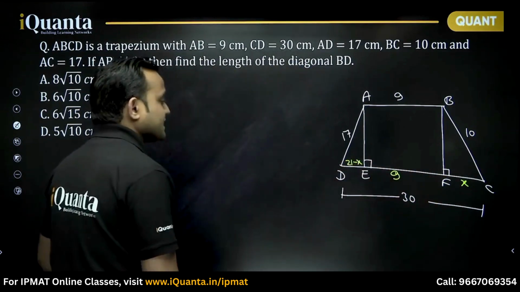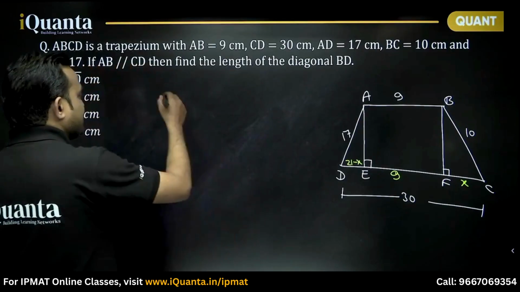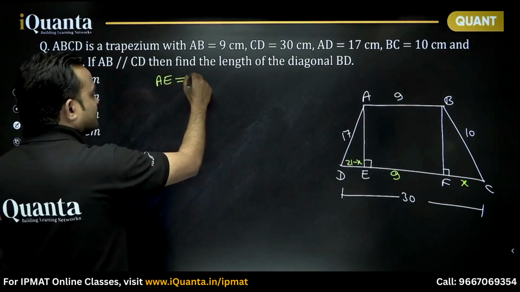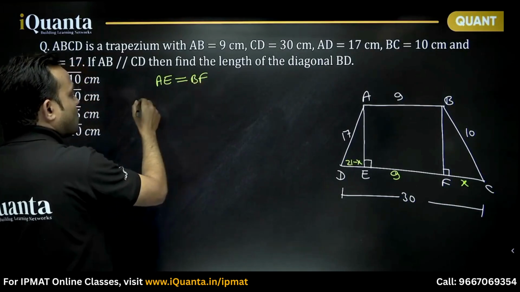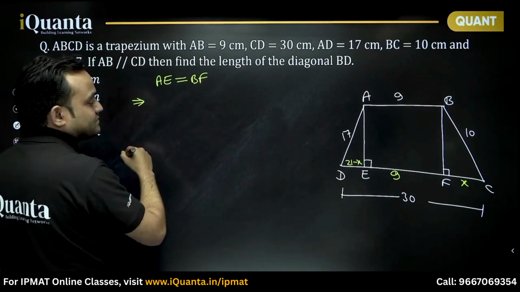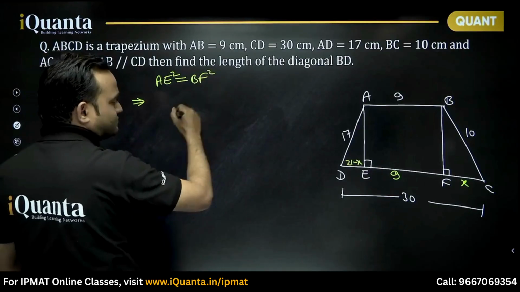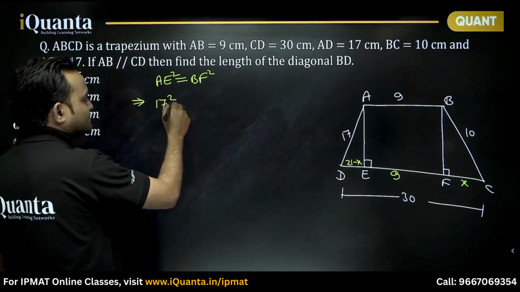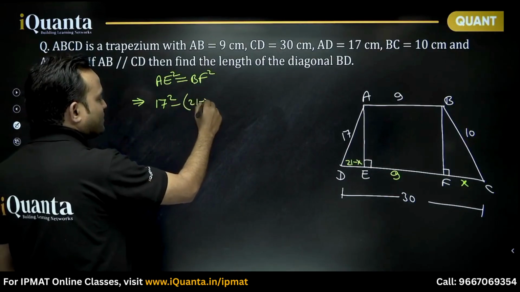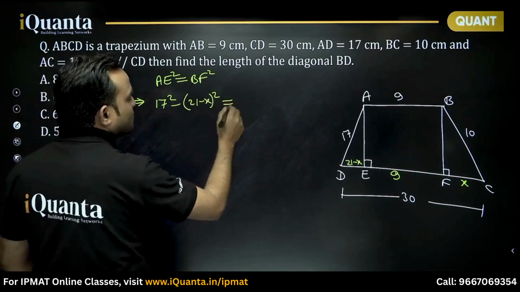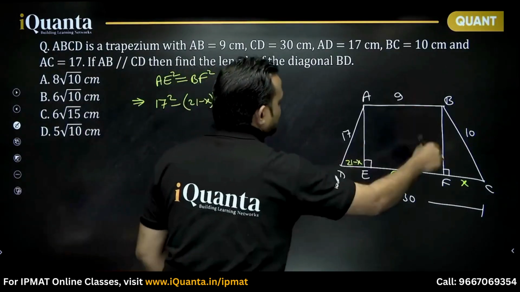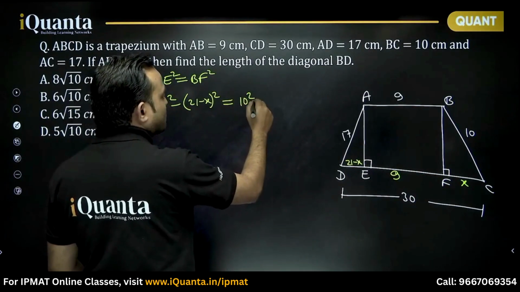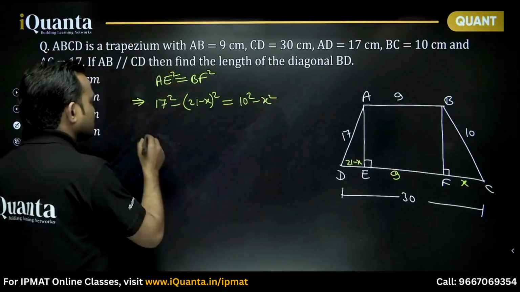So AE will be equal to BF. Let's take the square. AE square will be equal to 17 square minus (21 minus X) square, which will be equal to BF square, which is BC square minus FC square, which is 10 square minus X square.